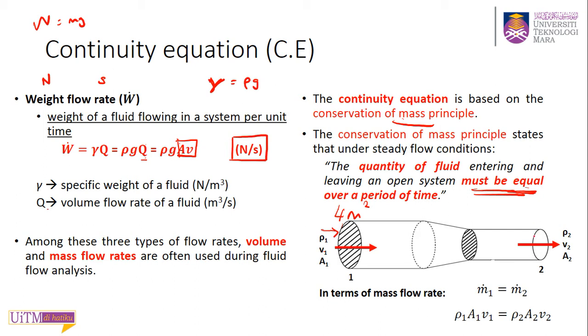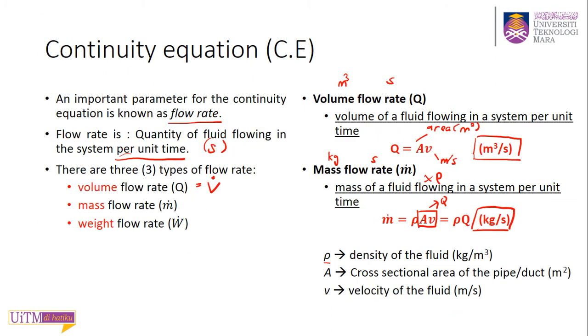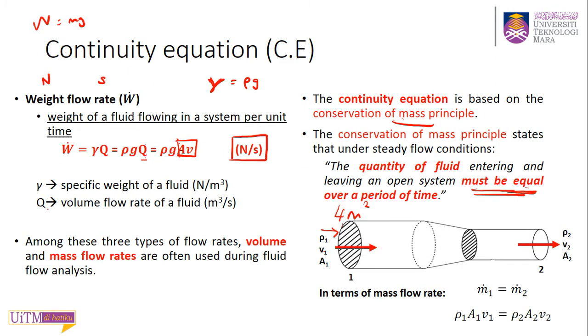It could be 2, so it's smaller, but because we use the conservation of mass, whatever enters will leave the same. What goes in must come out as the same thing. So that's why we have all these equations: the volume flow rate, mass flow rate, and also the weight flow rate.